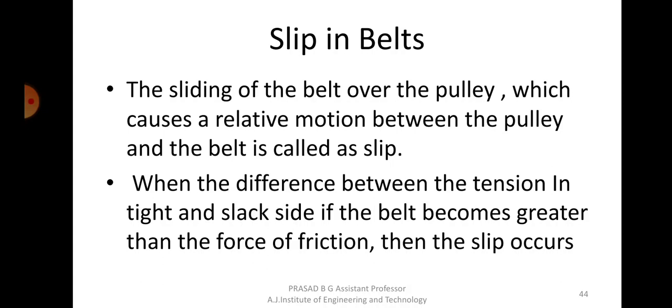Now if the difference in the tension is greater than the force of friction, then there is a possibility of slipping. Mathematically, if delta T, the change in tension between tight side and slack side, becomes greater than the force of friction, that is mu into R, then there is a chance of slipping.